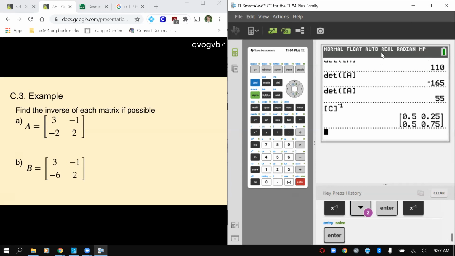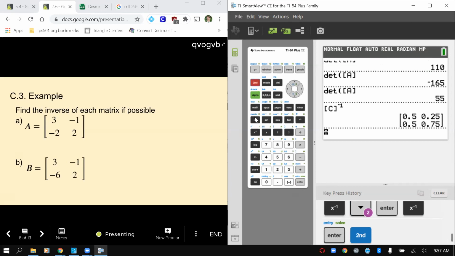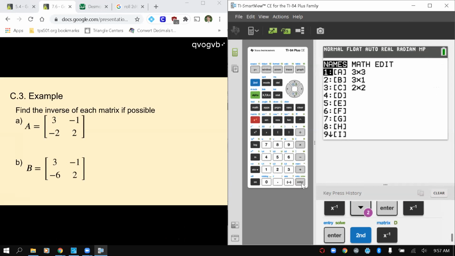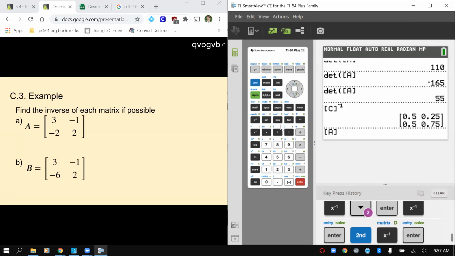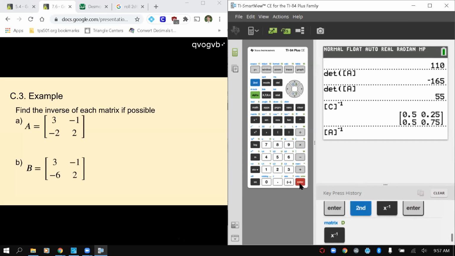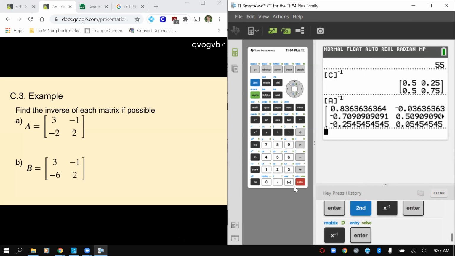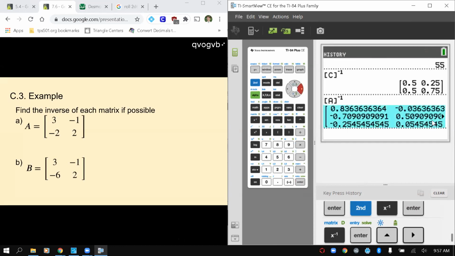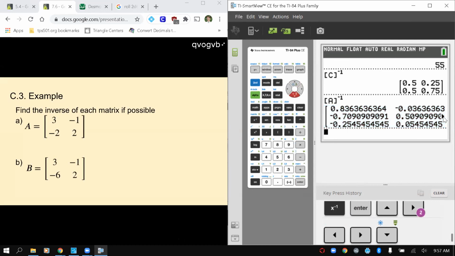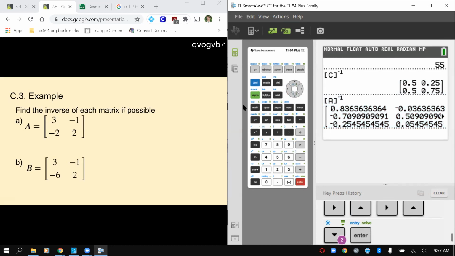If I wanted to take the inverse of matrix A earlier, the 3x3, by hand, that's going to take forever, but by calculator, boom. Now you do have to scroll over to see this. You sometimes run into a window issue where you can't see the last 2 elements, but I believe you could store this.